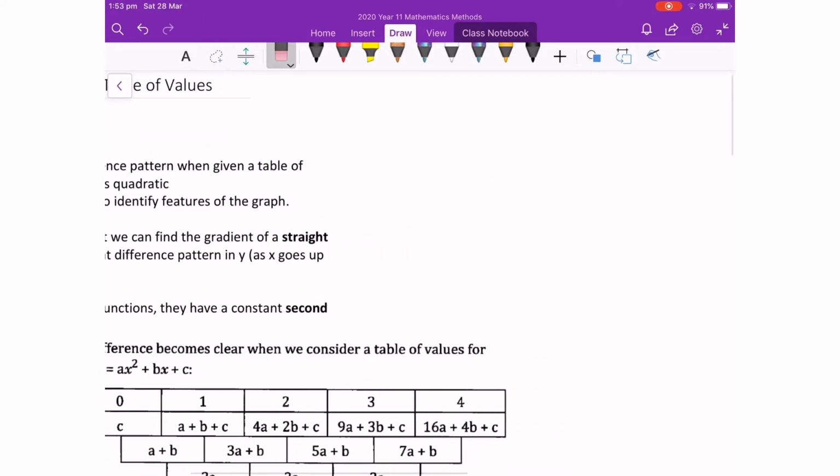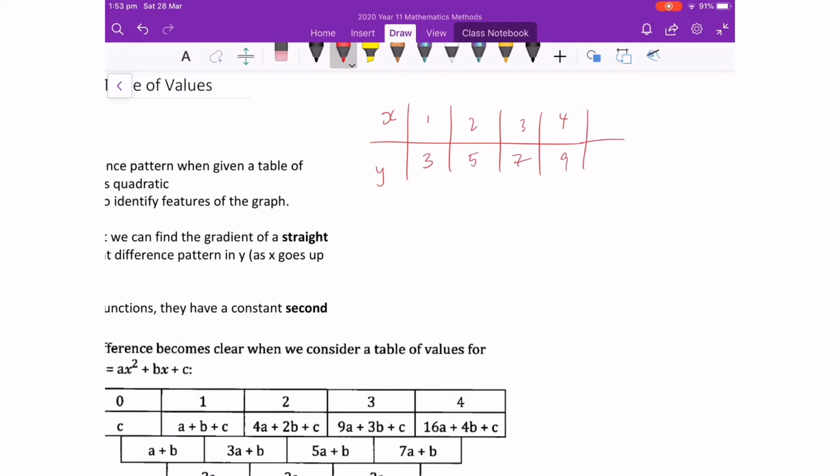So what I mean by that is usually, for example, for a linear one, I could have a values table like this, and I'd have, for example, if I keep going here. So this could be a linear. I know that because I will look at my constant difference pattern here, and I would notice that it goes up by 2.